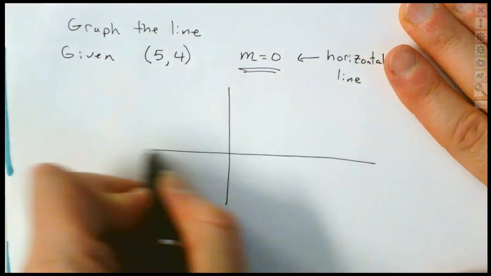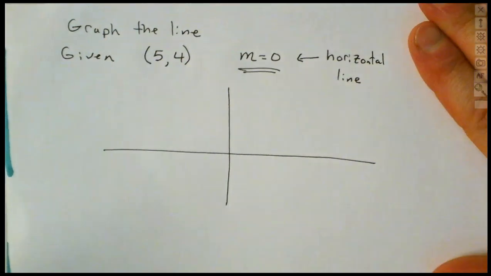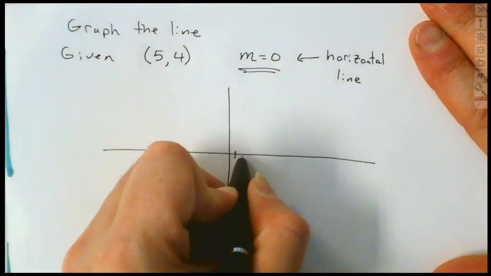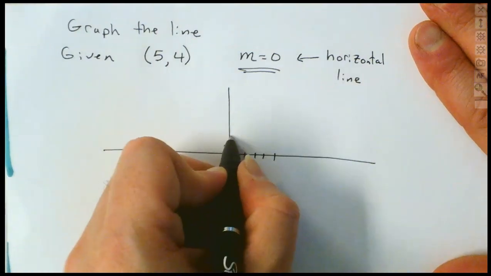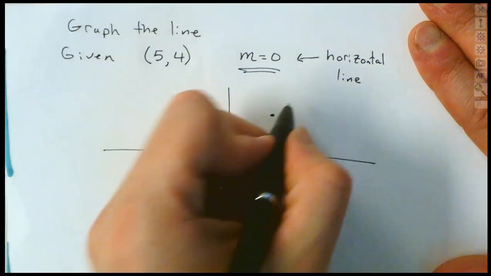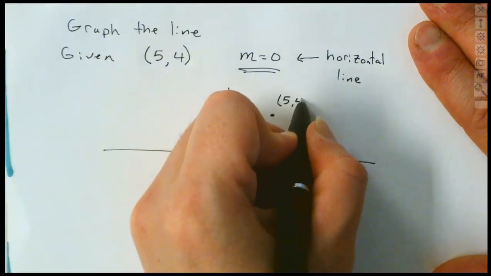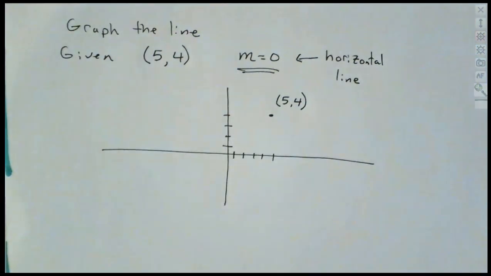So how do we graph it? Same way we did the last 2. We plot our point. So 5, 4 is over 5: 1, 2, 3, 4, 5. And then up 4: 1, 2, 3, 4. And right there it is at 5, 4. So there's my point. Now, our slope is 0.